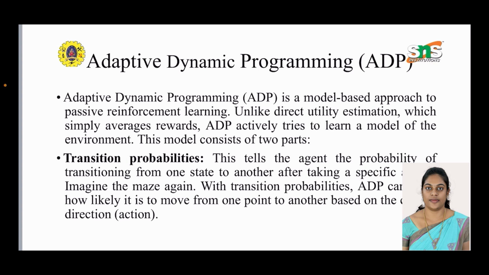This model consists of two parts: transition probabilities, which help the agent understand how likely it is to move from one state to another based on the action taken, and the reward function, which captures the immediate reward associated with taking an action in a specific state.